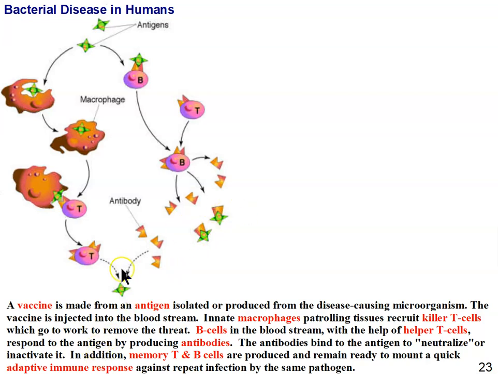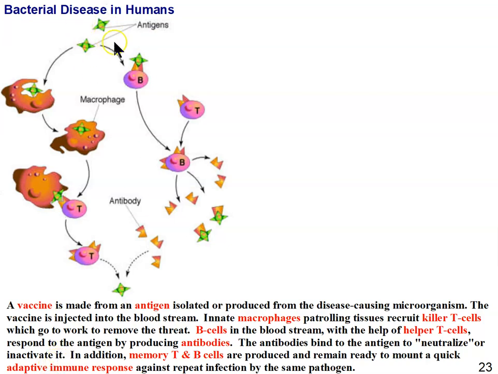And then once the pathogen has been eliminated, no longer is making you sick, there are memory cells, both T and B memory cells, that are produced that remain ready to mount a quick adaptive immune response against repeat infection by the same pathogen. So that's the part of your immune system that remembers and learns what the pathogen looks like.